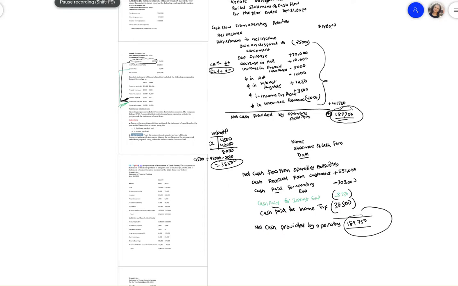What it does for the external users is it allows them to assess the capacity that the company has to generate cash. So in other words, it's a positive number. In this case, it is cash provided. So the cash flow is coming in.